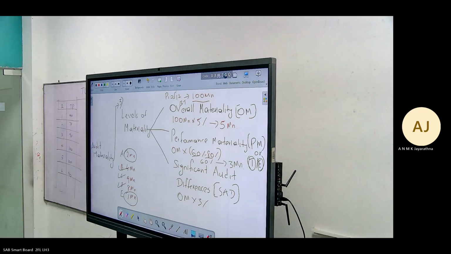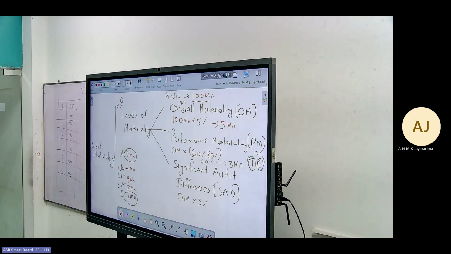We will discuss the sampling method also. In that sample, a lot of methods are there for deciding how to take the sample. To take the sample, the auditor can use one of the methods, this SAT also. About, let's say, 5 million, 2 or 3%, 150,000. So more than 150,000 amount you can take as a sample.